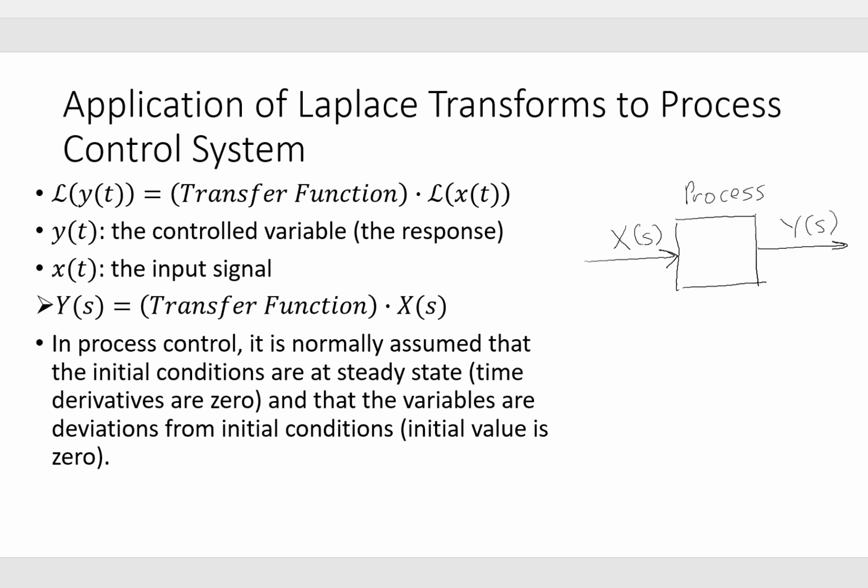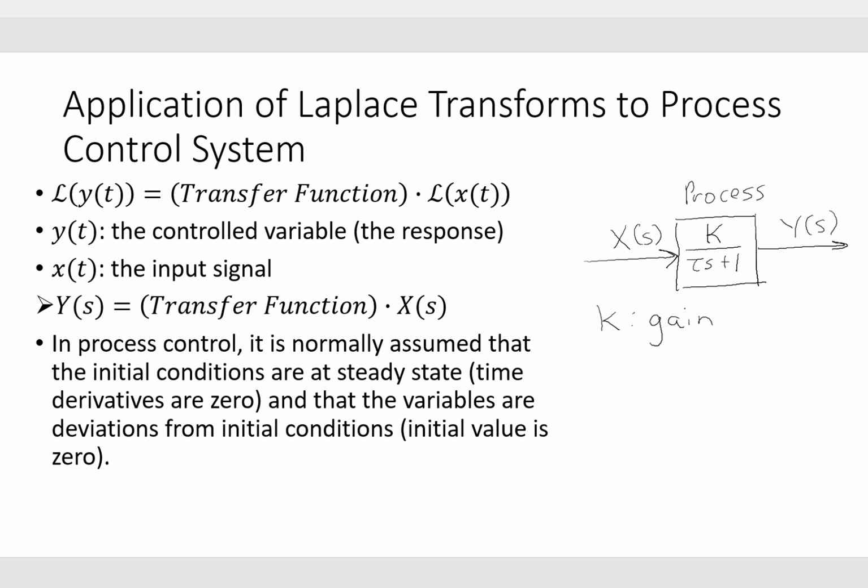It's very convenient that different processes take on familiar forms. For example, we'll encounter many first-order processes. They take on the transfer function of the form K over tau s plus 1, where K is the gain.